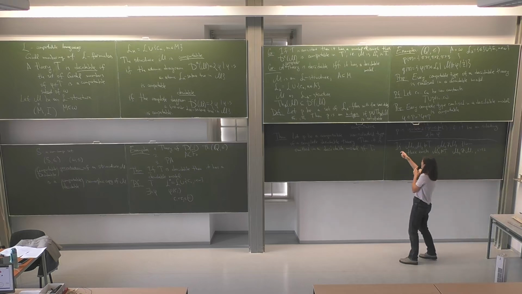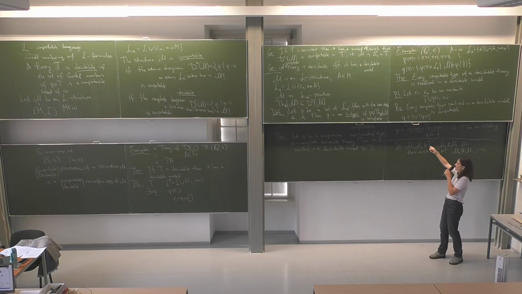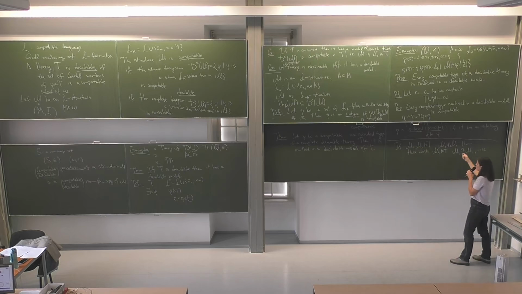Okay, so what if we insert decidable everywhere? Suppose we have a decidable theory and two non-isomorphic decidable models of this theory. Is it always true that there exists a third non-isomorphic decidable model of this theory? This is not necessarily true.